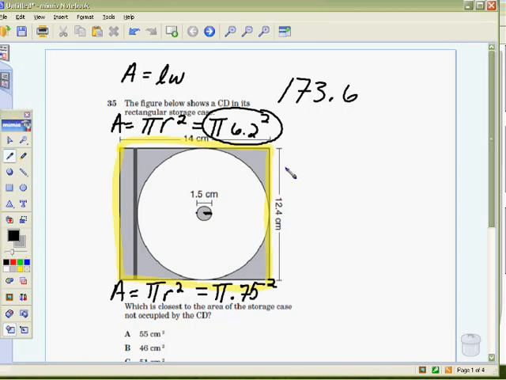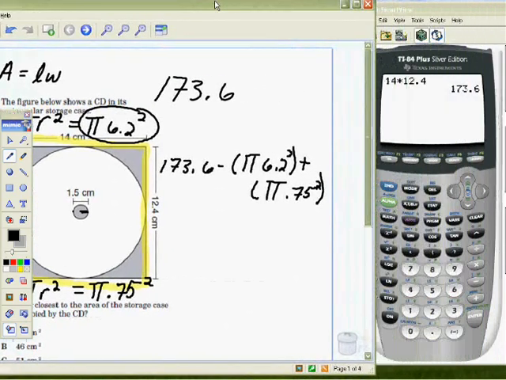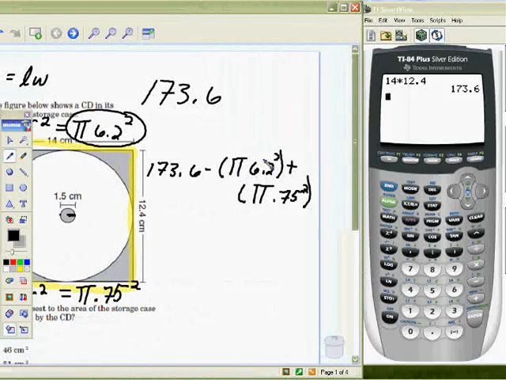So it looks like we have this number sentence. The area of the big rectangle minus the area of my big circle plus the area of my small circle. And let's see what that gives us. I don't have to necessarily calculate these two small areas out. If I want to leave these expressions like this, since pi is a key on my calculator, I can just put it in just like that, and my calculator will do it for me.